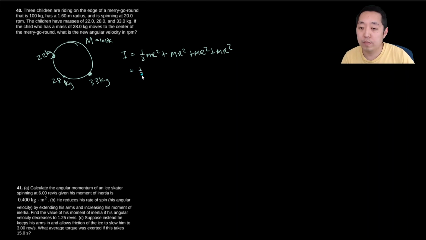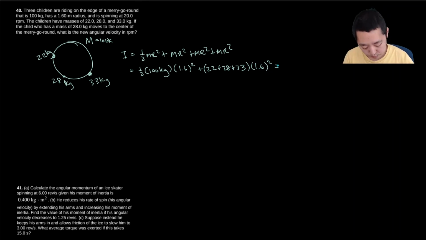So this is 1/2 times 100 kilograms times 1.6 squared. And we're assuming the children are sitting at the edge, so I can just add up all these masses times the same r squared. So it's going to be 22 plus 28 plus 33, all times 1.6 squared. And this is about 340.5 kilogram meters squared.